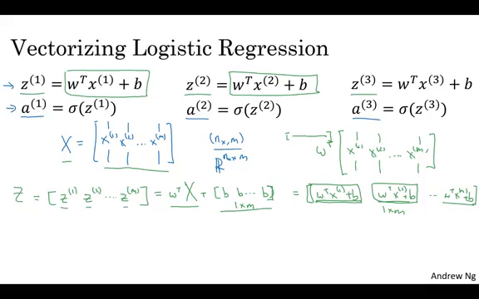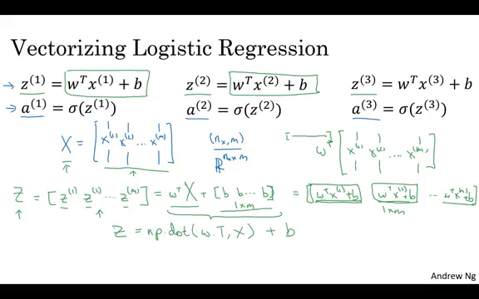When you stack the lowercase x's corresponding to different training examples horizontally, you get this variable capital X. In the same way, when you take these lowercase z variables and stack them horizontally, you get this variable, which I'm going to denote capital Z. And it turns out that in order to implement this, the NumPy command is capital Z equals np.dot(w.T, X) plus b.